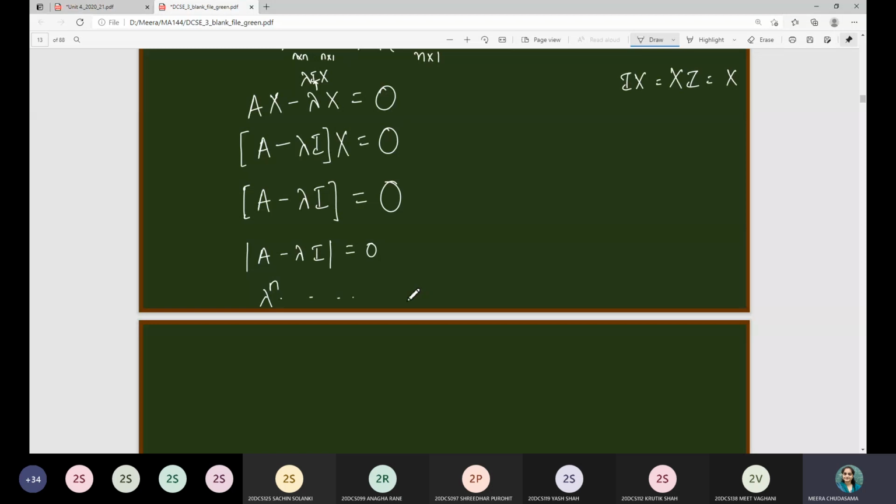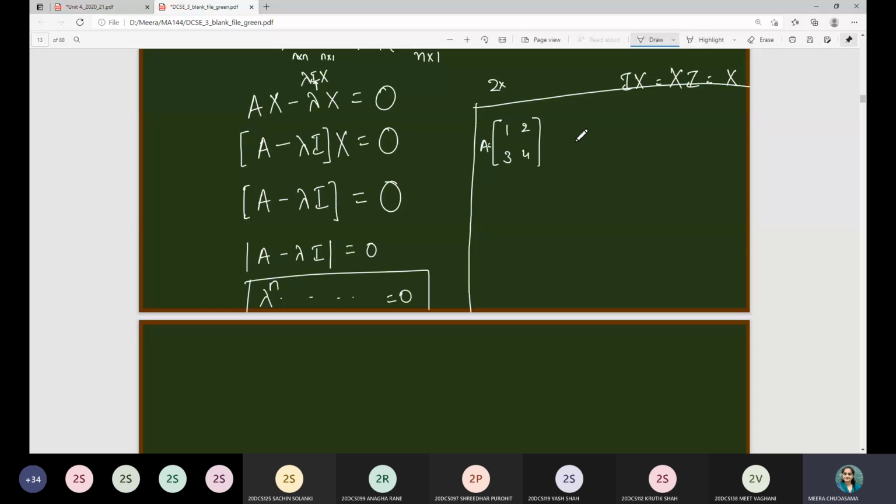Coefficients and powers may be decreasing, and that is equal to 0. So I will get the polynomial of degree n. How? Let us see this by considering a 2 cross 2 matrix. Okay. In that case, if I consider A as 1, 2, 3, 4, suppose. So what will be A minus lambda I matrix?